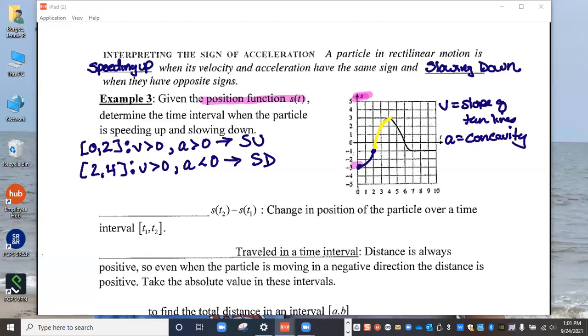Go ahead and do the interval for me then from 4 to 7. We all get it, speeding up from 4 to 7? Yes. Now what's happening from 7 to 10?